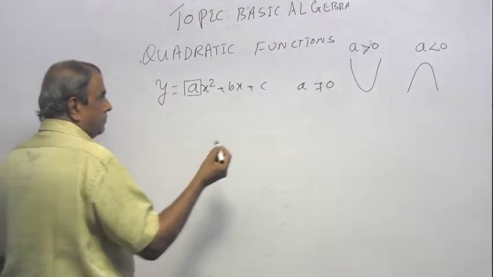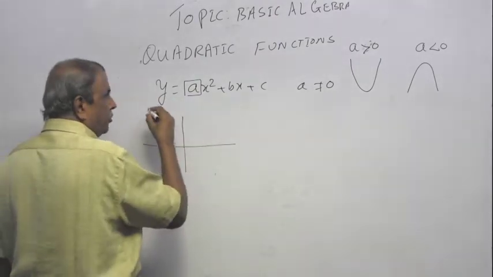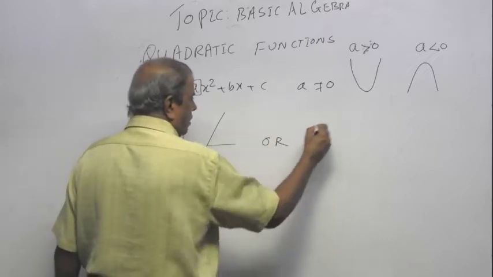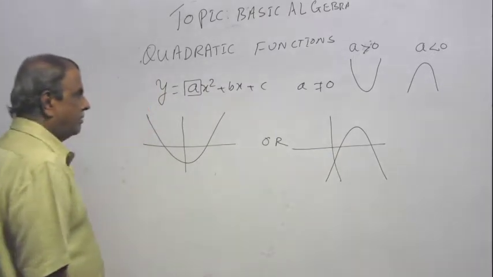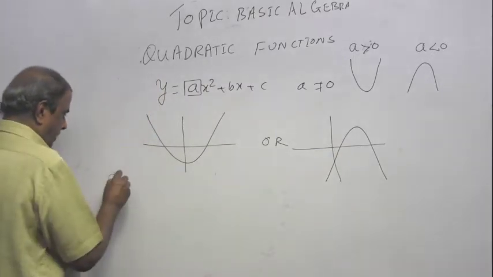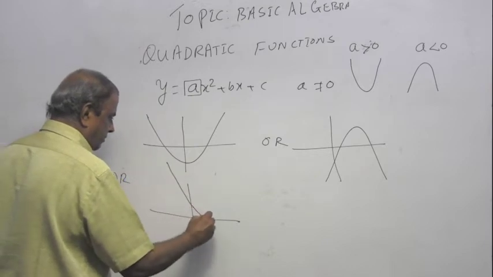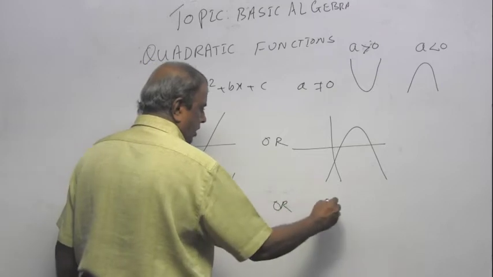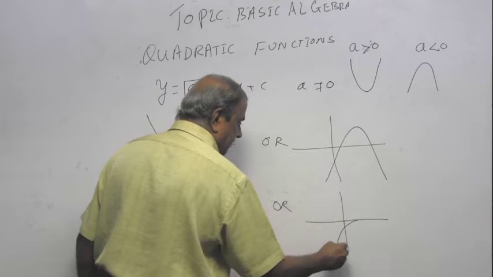But then, when you draw the graph of a quadratic, it could be like this, or like this, or like this. They're similar but not identical.